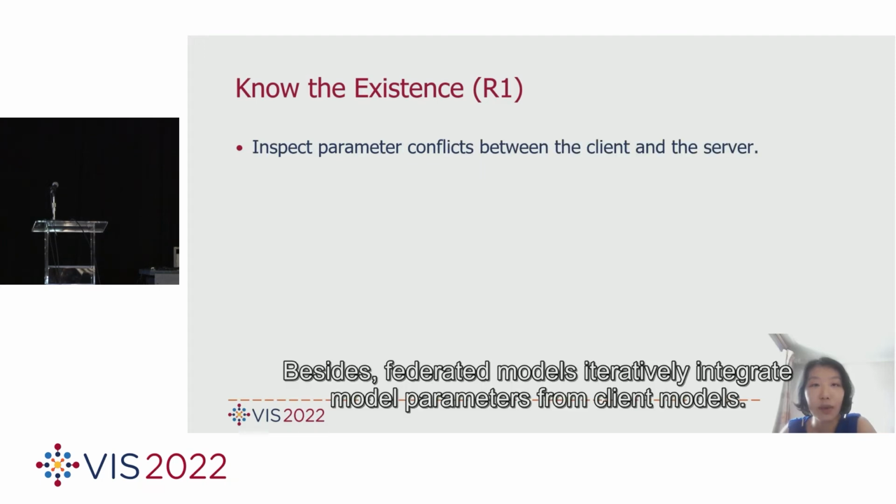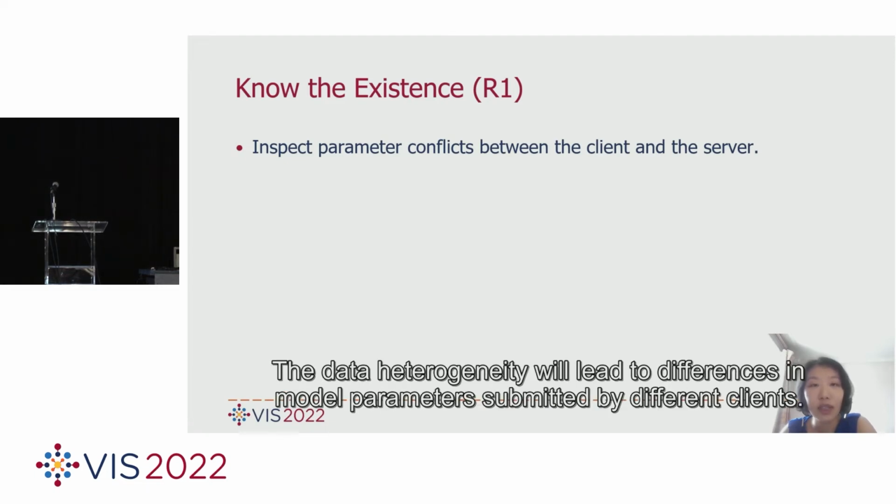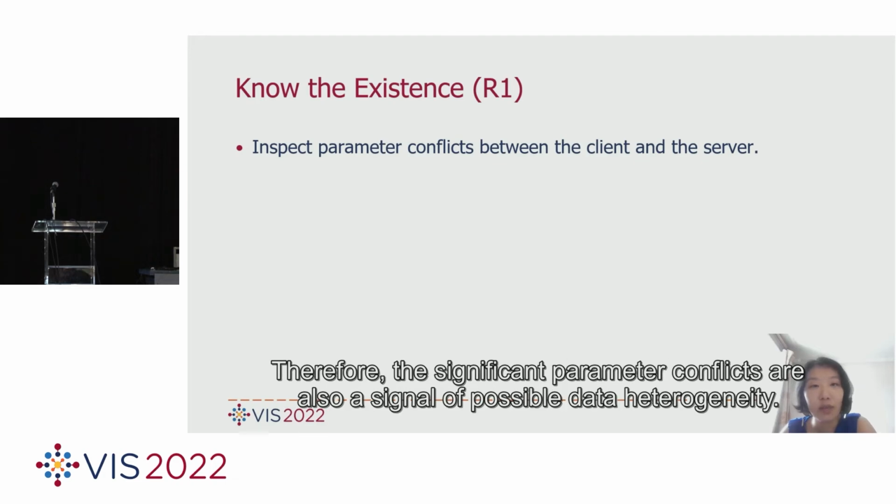Besides, the federated model iteratively integrates model parameters from client models. The data heterogeneity will lead to differences in model parameters submitted by different clients. Therefore, significant parameter conflicts are also a signal of possible data heterogeneity.